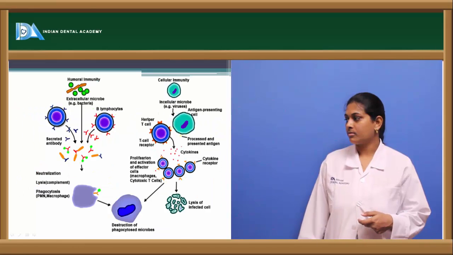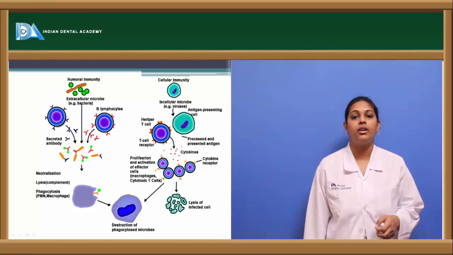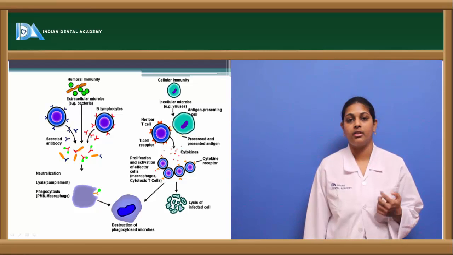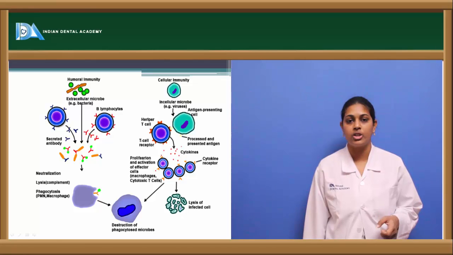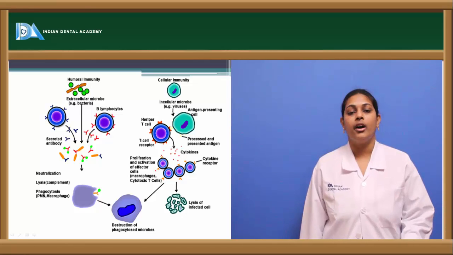Differentiating the functions of the B lymphocytes and the T lymphocytes, coming to the humoral immunity and the cell-mediated immunity, it is called humoral immunity because it is not the cells involved, but rather the humor, that is the fluids of the body, which carry the immune system cells.